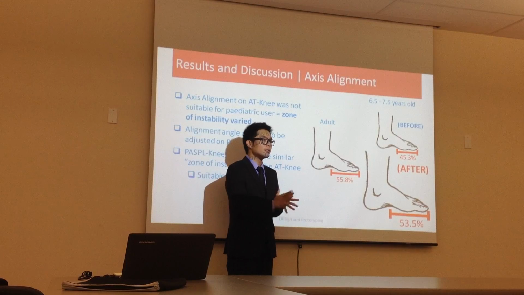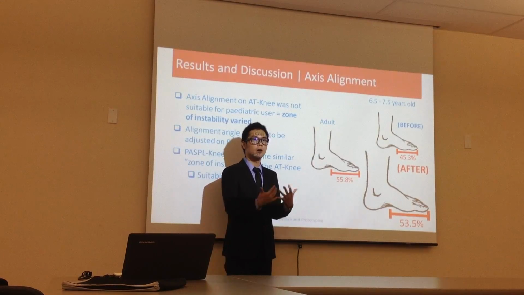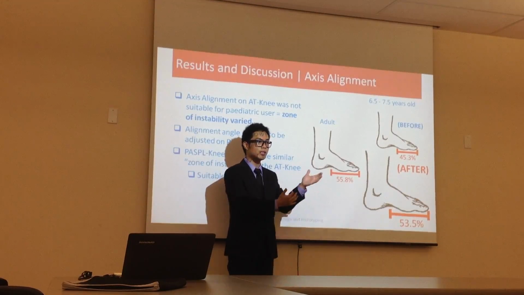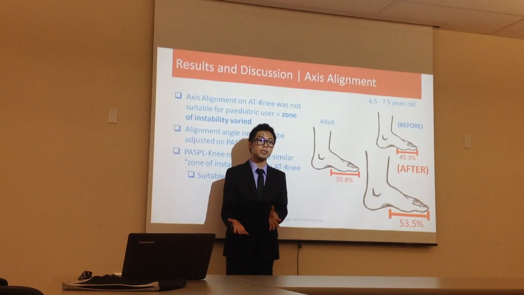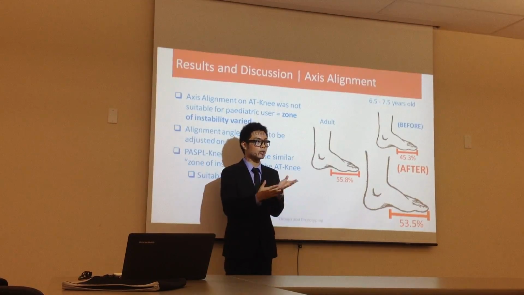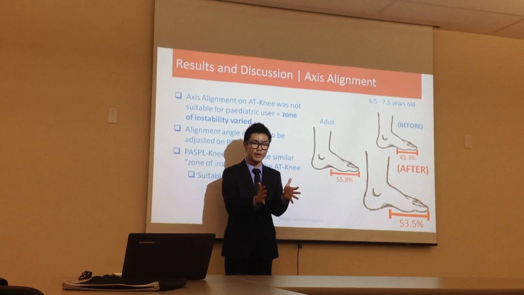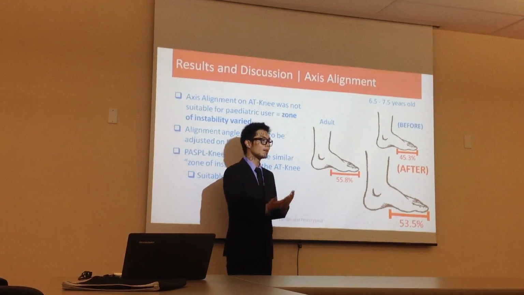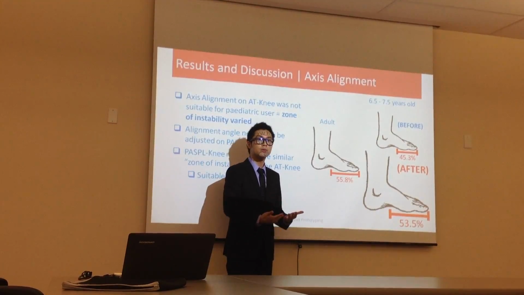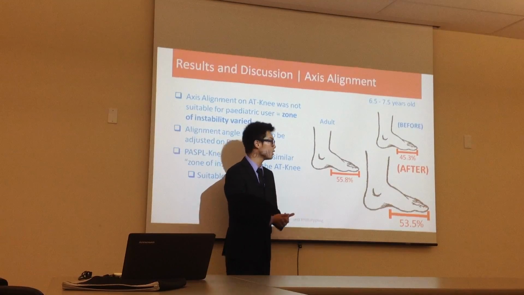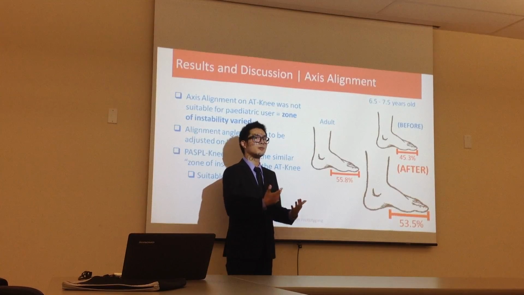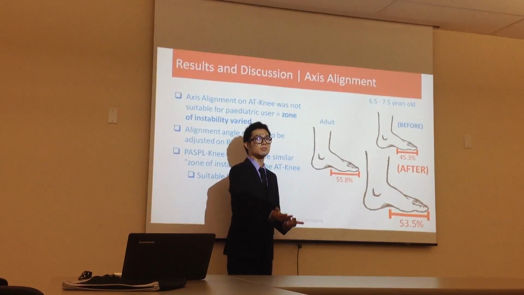Since there's no data on what the optimal alignment would be, I just wanted to take the alignment on the ATD, put it on the pediatric knee, and then adjust it to see if that alignment would be optimal for the pediatric user. Now, seeing the data showing that the participant says she has a little bit harder time initiating swing phase compared to the conventional knee, it means that maybe the alignment needs to be adjusted again, in order to establish better results on initiating swing.